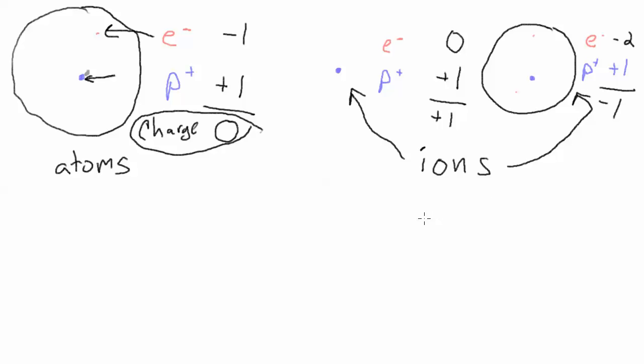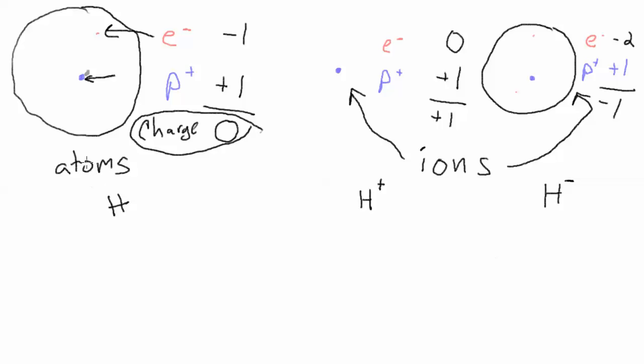And so how we would write that, it's still hydrogen. It has 1 proton, so it's still hydrogen, but we show that it's +1. Whereas over here, we just write H like that. And for this one, we show that it's -1 by putting a little minus up there. And those are hydrogen ions.